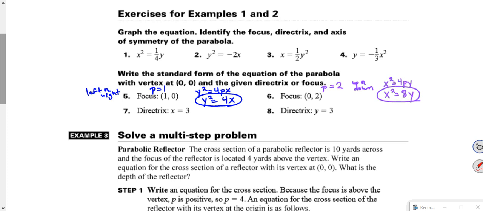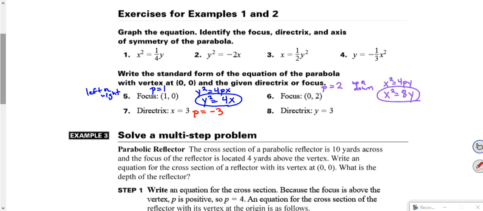Directrix, x equals 3. So this is telling me that my p is negative 3, because remember your directrix is always negative p. So my p is negative 3, but what I have to think about is what kind of parabola this is. If my directrix is x equals 3, x equals 3 is a vertical line, so that means my parabola is left or right.